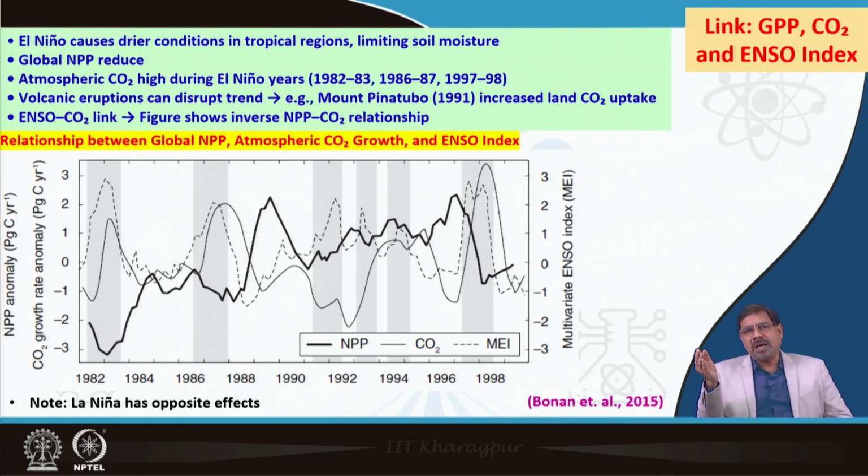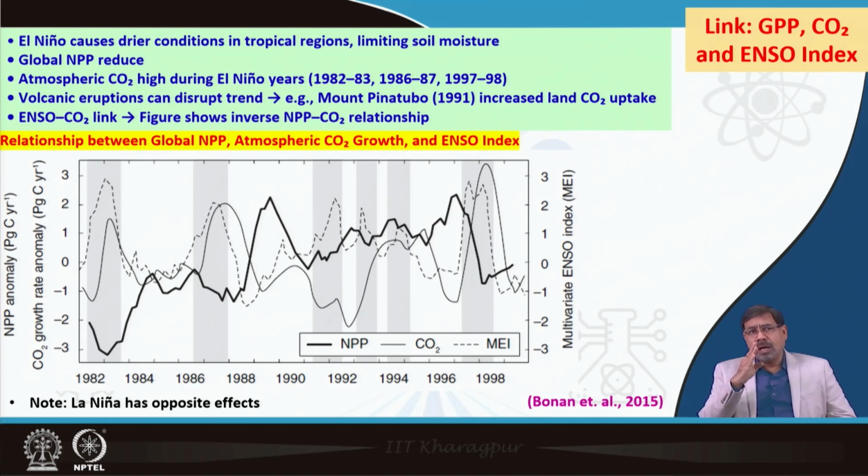On the y prime axis, the multivariate ENSO index, abbreviated as MEI, has been shown. And look at the pattern of the curve. NPP is shown in a dark black curve, then the carbon dioxide, and the multivariate ENSO index MEI is shown in a dotted curve.